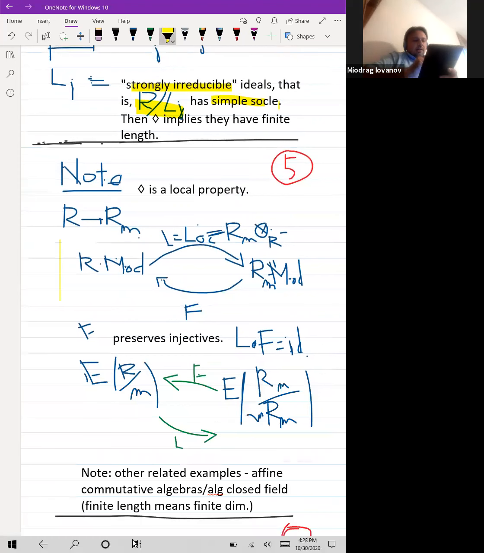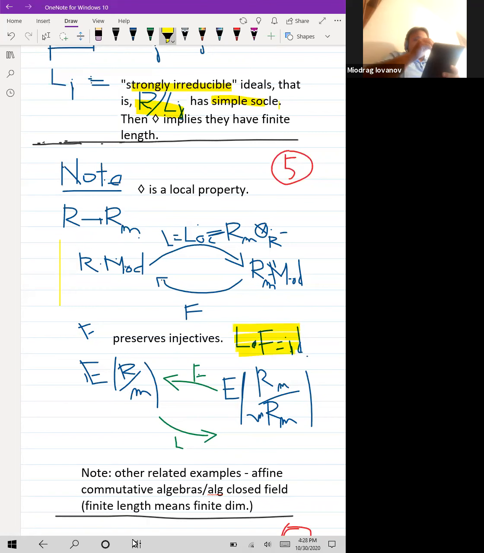And the reason is, again, that I want to have a method that I can find perhaps in the non-commutative world. So I prefer to think about the localization functor as tensoring by R_m, and there's an adjoint of this functor, a kind of forgetful functor from R_m modules to R modules. If you just take the natural map from R to the localization, this is a strong type of adjunction.